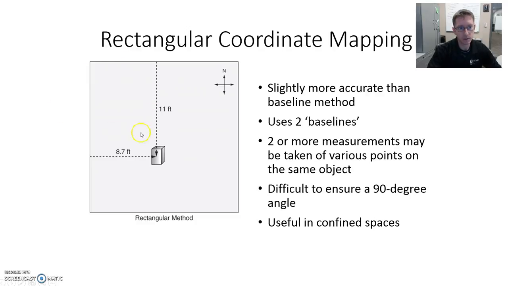Rectangular coordinates is just taking measurements from 2 different sides, basically a double baseline. You set up a baseline going to the left and to the right, and you take 2 sets of measurements. Pretty cool. Again, this doesn't input into a computer system as well for doing our drawing.